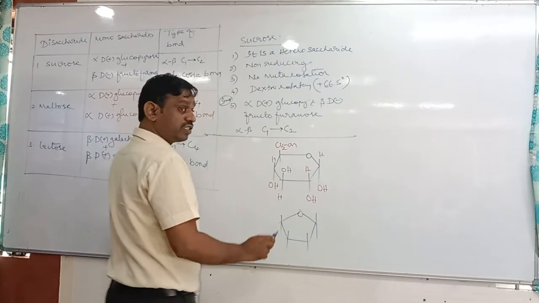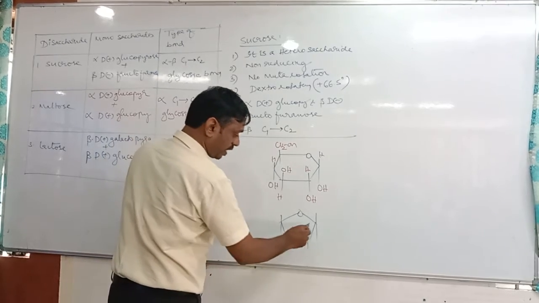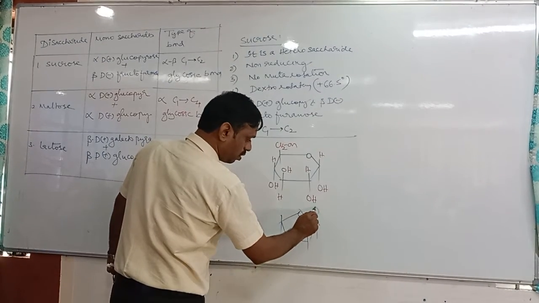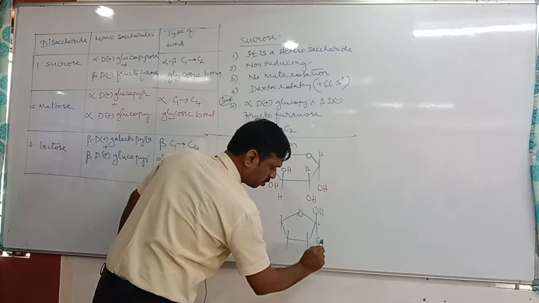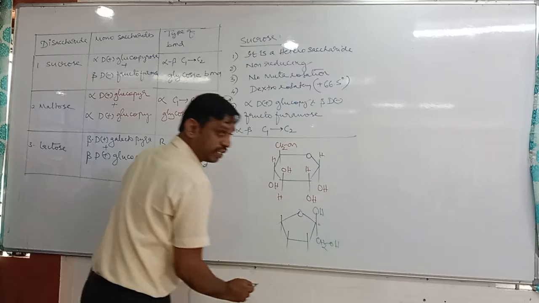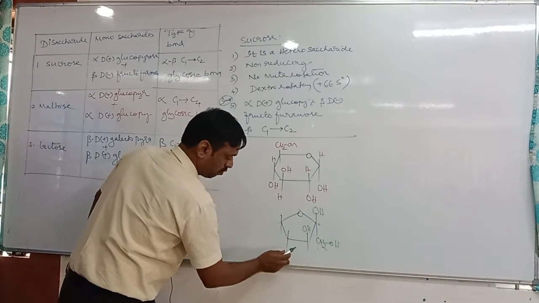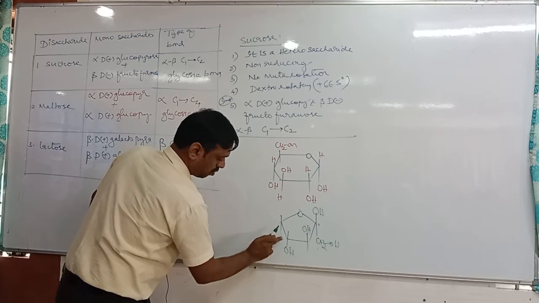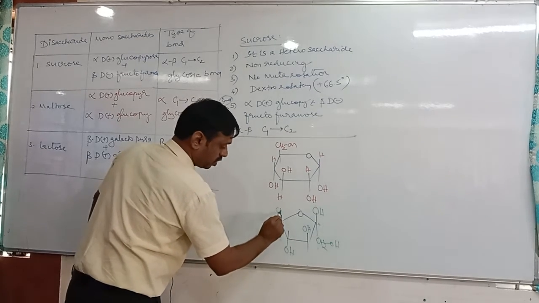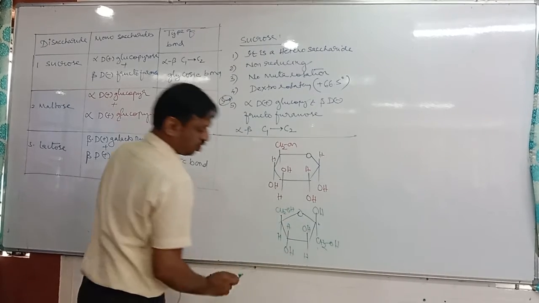Okay, in the beta structure, where is the OH group? Second carbon OH is where? Above, no? And this below is CH2OH. This is first carbon, second carbon, third is above, fourth is below, fifth has H. Sixth one is CH2OH. Remaining all are hydrogen.